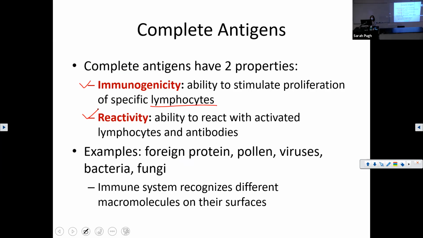Okay, your immune system sees it, recognizes it as foreign, and you get rid of it. So that's immunogenicity and reactivity. So examples of complete antigens would be viruses, bacteria, fungi, even things like foreign proteins that get in your body, pollen. Your immune system recognizes that they're different. You generate more white blood cells, more lymphocytes to fight it off.